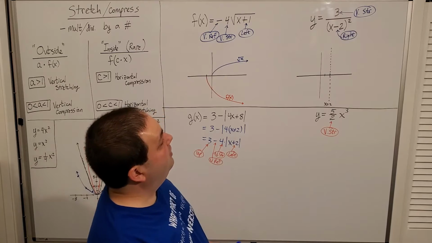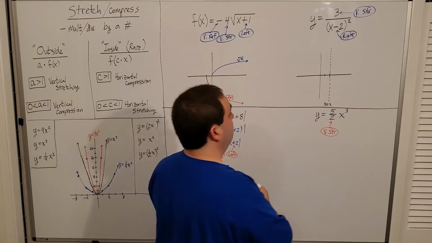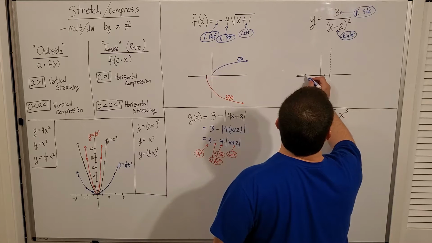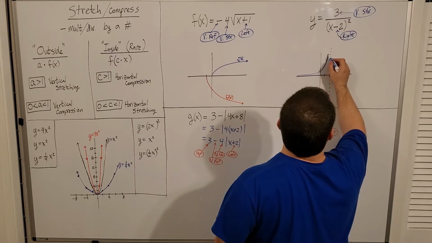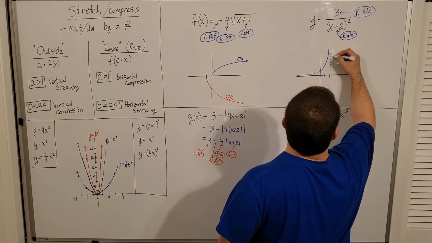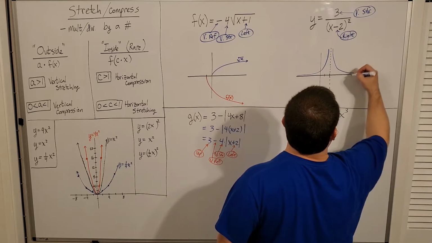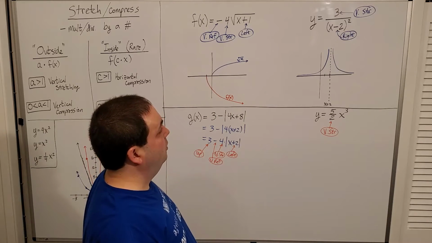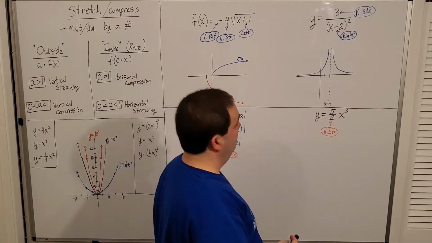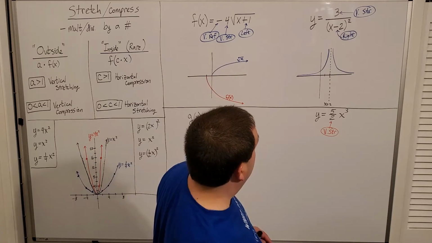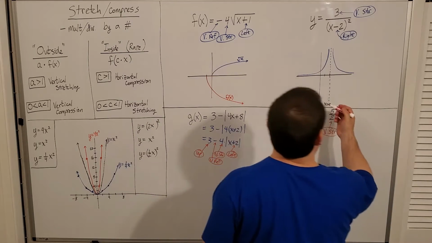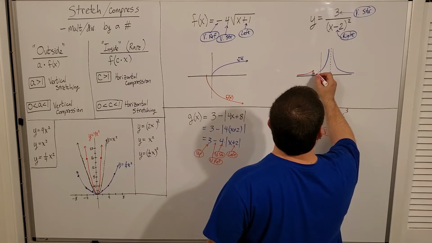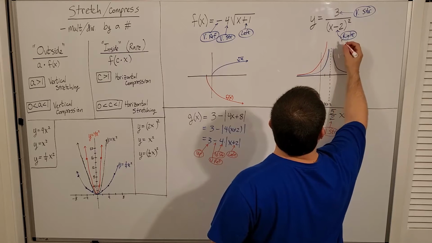So let's draw the original shape. Okay? The original shape is going to look kind of like this. And then let's get the stretched one. The stretched shape is going to be like this.